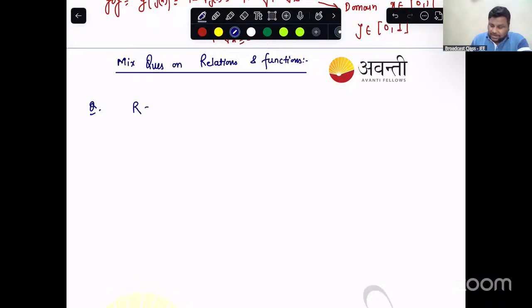A relation R is given as (x, y) such that x, y belongs to Z and x squared plus y squared is less than or equal to 4.